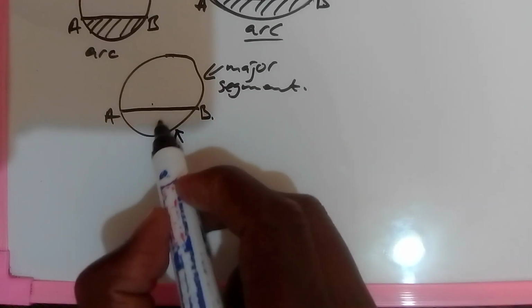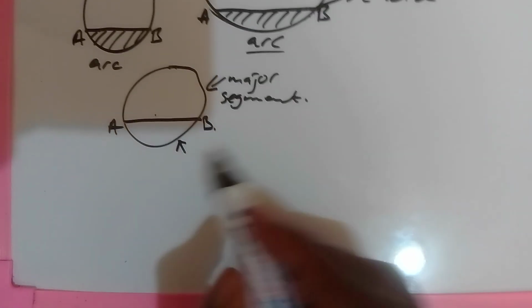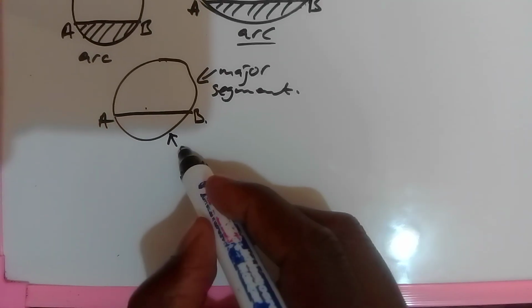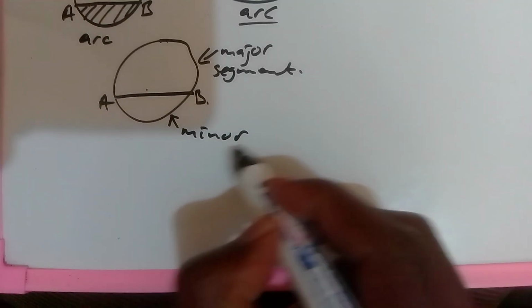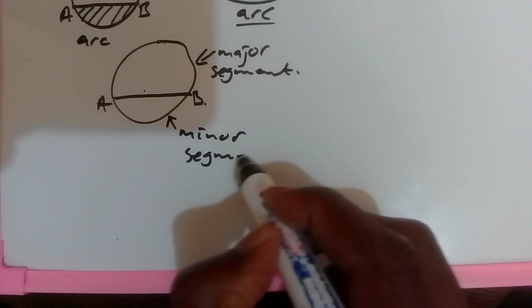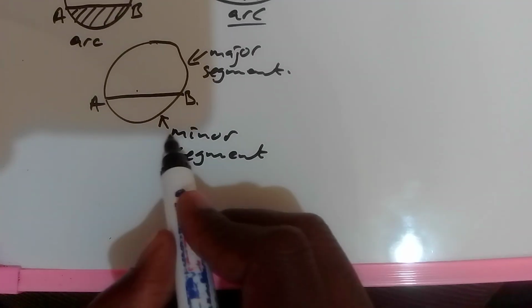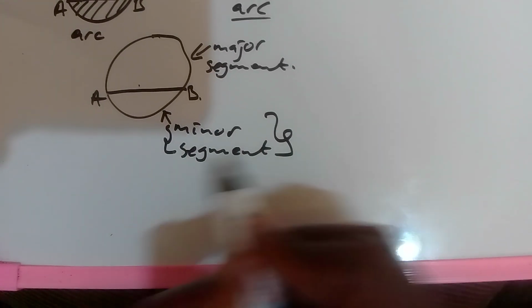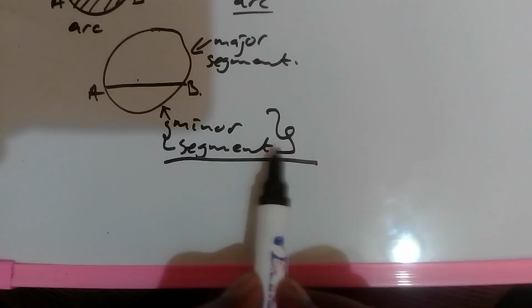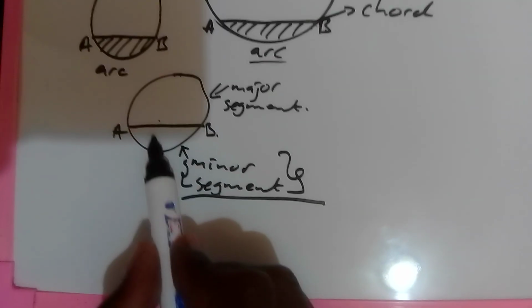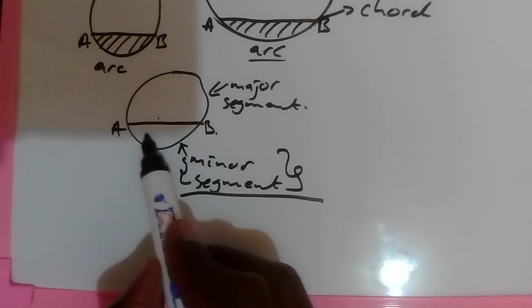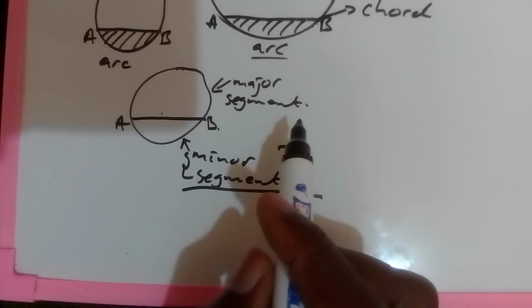And this part is smaller, so we call it minor segment. This is very, very important because we've got a theorem which talks about angles in the same segment, but people get lost, they do not know what is a segment. So this is very, very important. You need to know the segments.